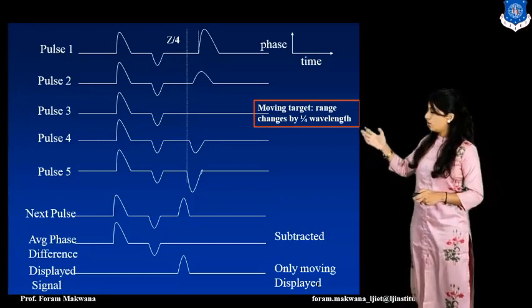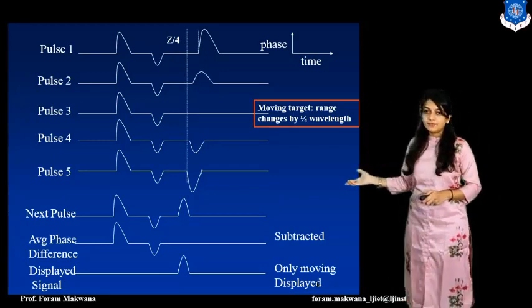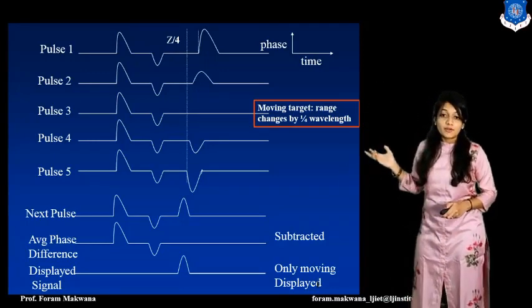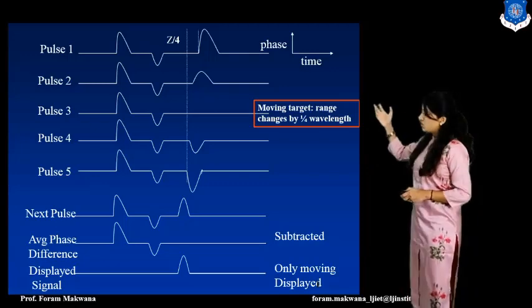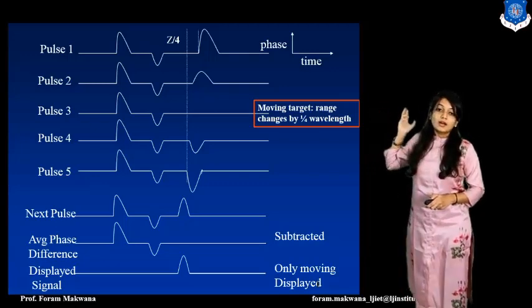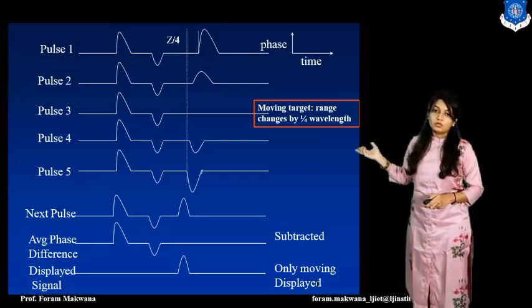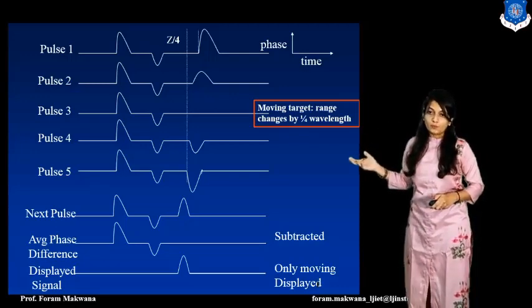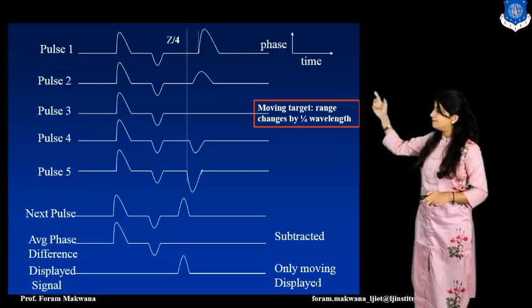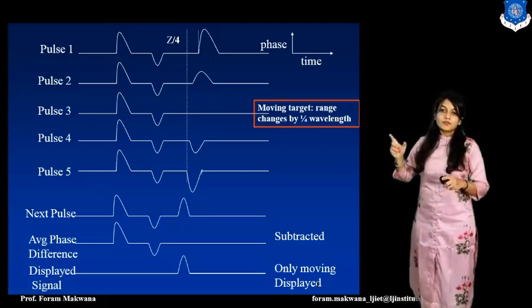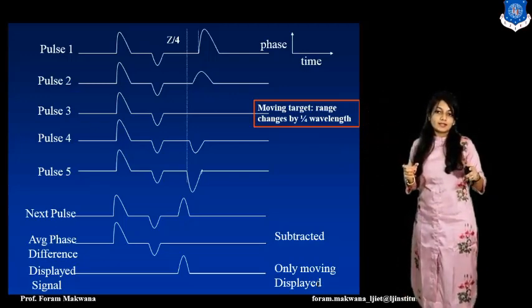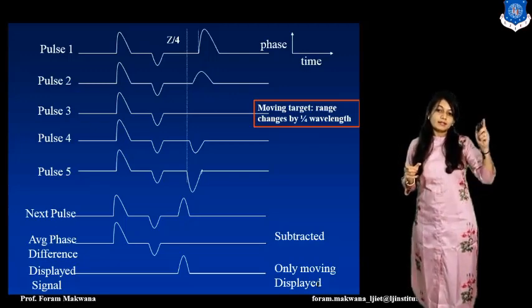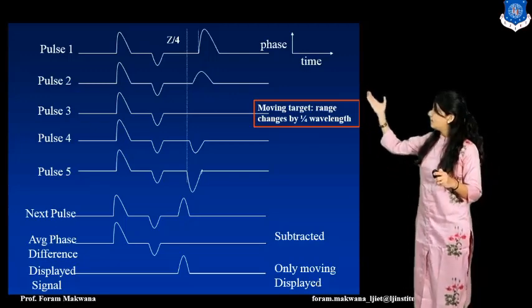See, over here a total of 5 pulses are there, and we are able to identify that our range changes by lambda by 4, that means a quarter of the wavelength. How? From pulse 1, we can see first a positive spike, then a small negative spike, and again after some time a positive spike.